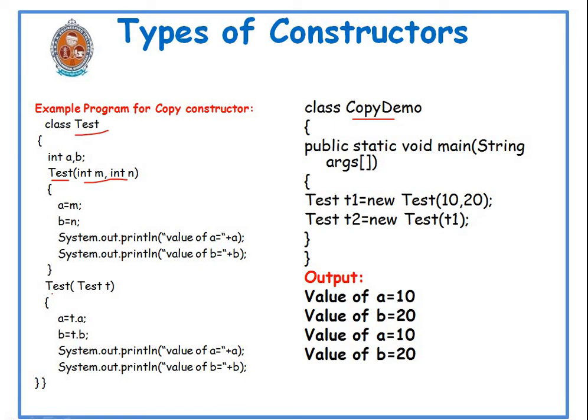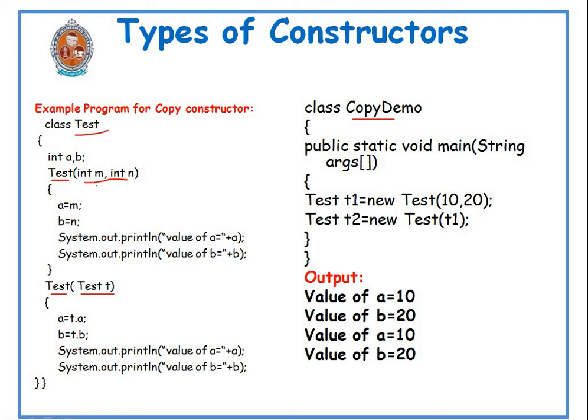Coming to the next constructor, that is the copy constructor. Why can we say that it is a copy constructor? Because it is taking the same name as the class name, but here it is taking the parameter as an object reference. So here we have written Test t, where t is an object reference. If any constructor takes a parameter as an object reference, then we can say that constructor is known as a copy constructor.